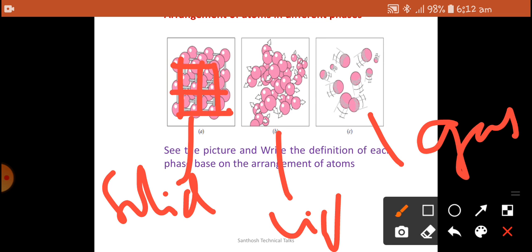In liquids, the atoms are closely packed, but they have the freedom to move and to occupy any shape. And in the gas, the atoms are randomly arranged, so they have the privilege to get closer to each other, and it can occupy any volume in nature.